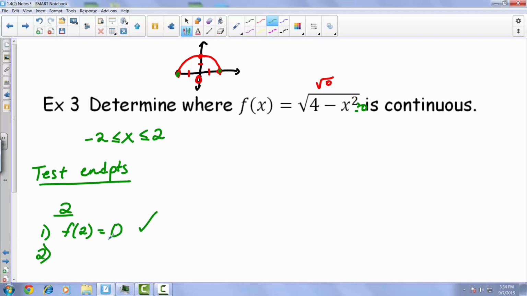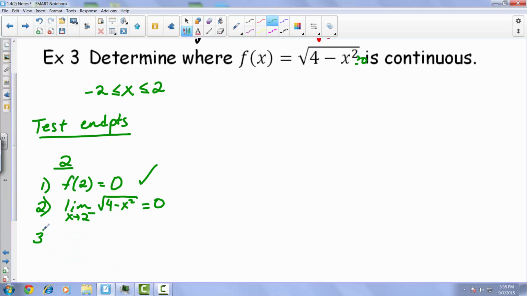Part 2 says the limit as x approaches 2. Now we are actually approaching 2 from just the left. Notice there's nothing to the right of this function, so we're just going to check it from the left of our square root of 4 minus x squared. If you were to use direct evaluation here, it does in fact come out to be 0.